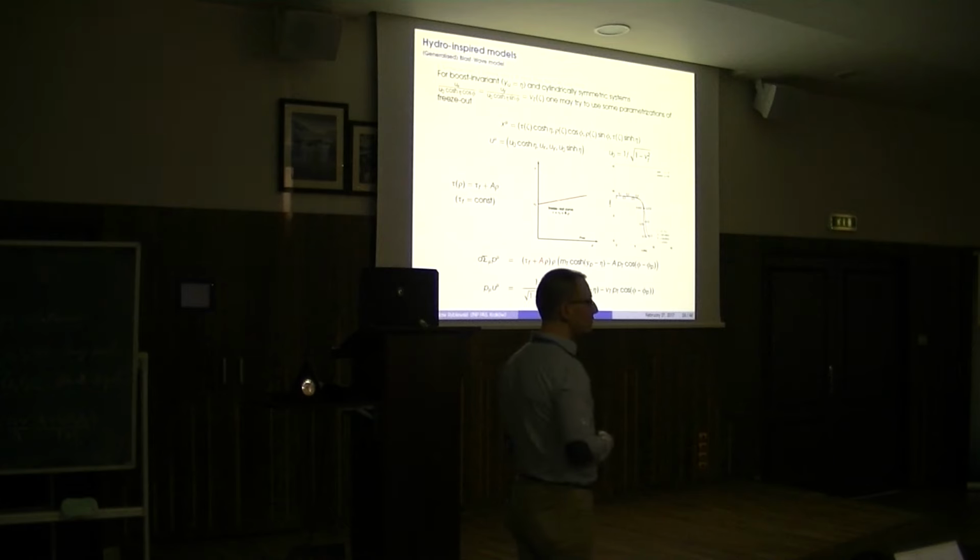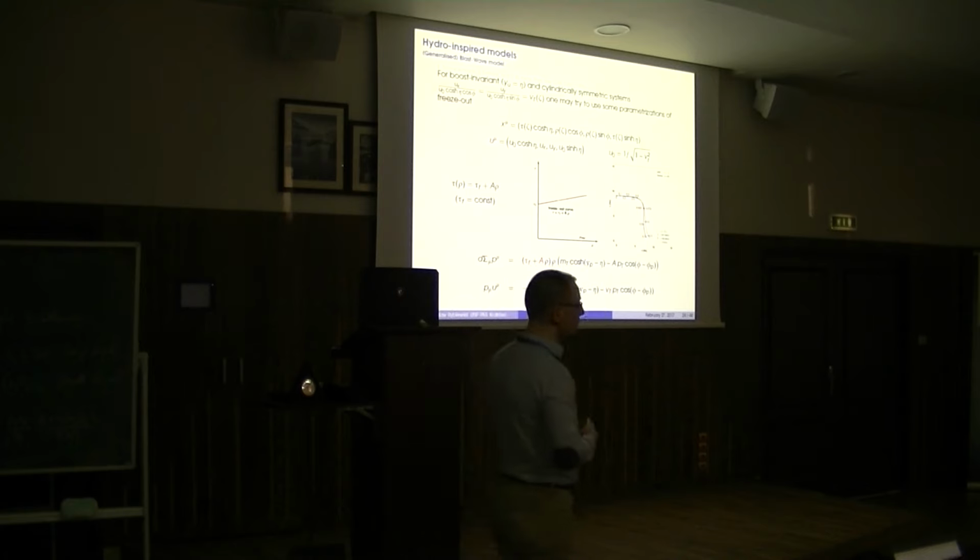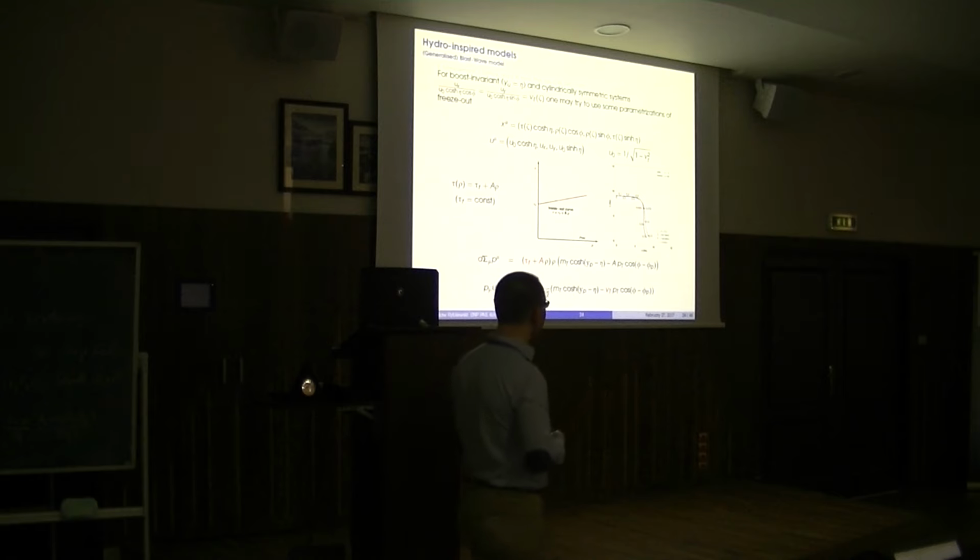These models are called the so-called hydro-inspired models. There are two of them which are quite successful and used also recently by experimentalists. The most important one is the blast wave model. This model involves some parameterization of the flow velocity in terms of the transverse fluid velocity and the form of the freeze-out hypersurface.